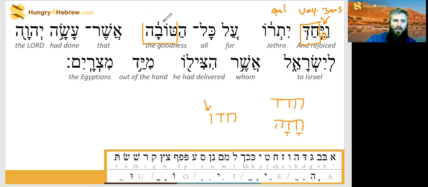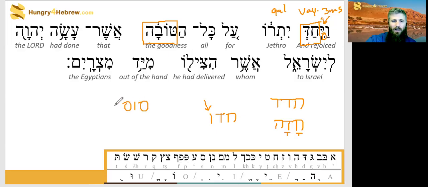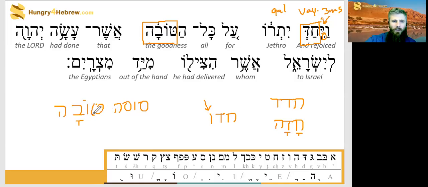Is this an adjective or a noun? Noun. Definite article. How do you say the good horse? Hasus hatov. But wait, I thought you just told me that it was a noun. This is an adjective.